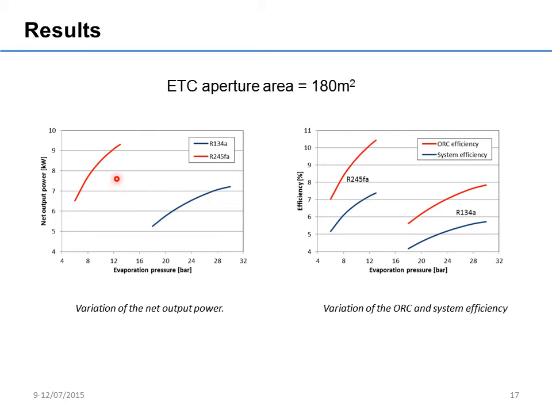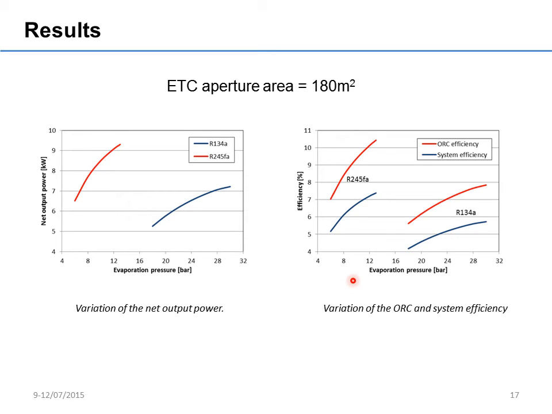Also, this fluid R245FA requires a lower evaporation pressure, which means fewer safety concerns for the evaporation in all the components of the cycle.